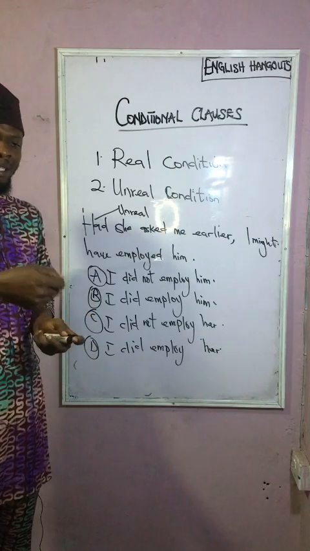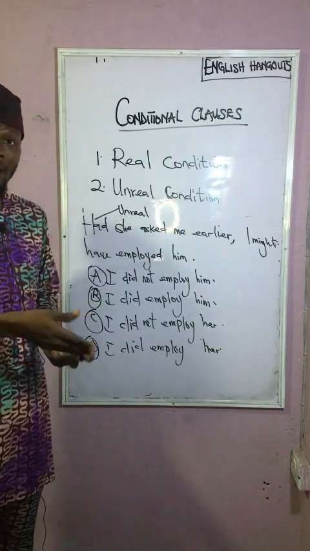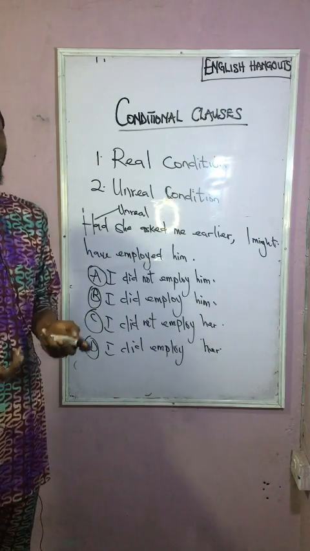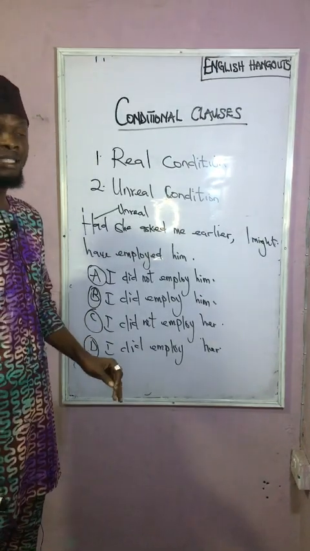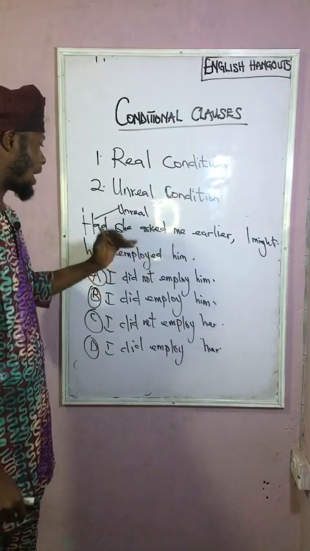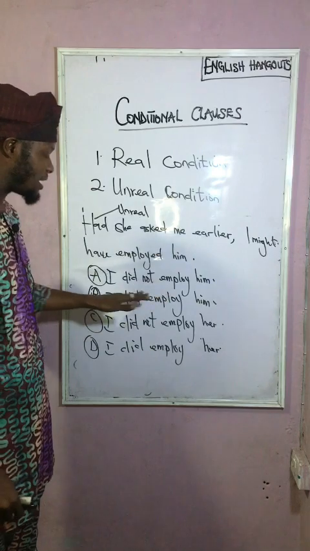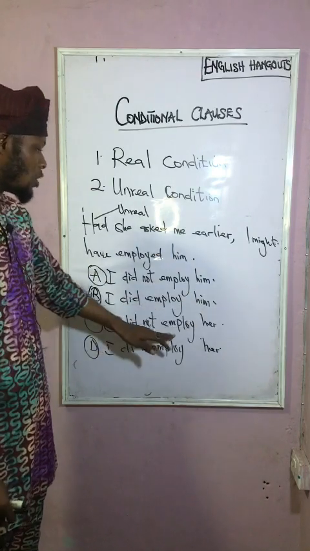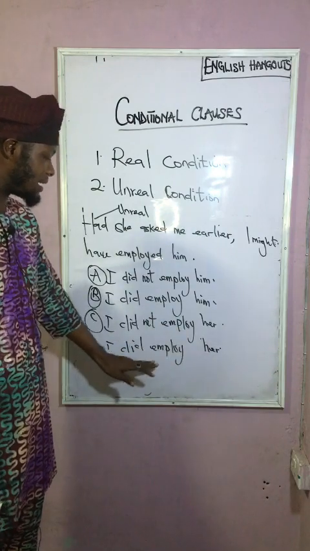Therefore, that event is unreal, because the event being talked about has not happened and is unlikely to. If you have an expression as, had she asked me earlier, I might have employed him, the question is: I did not employ him, or I did employ him? I did not employ her, or I did employ her?